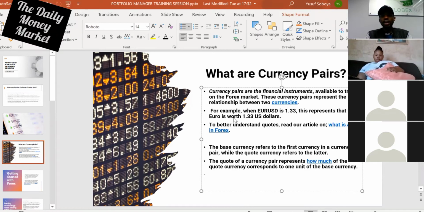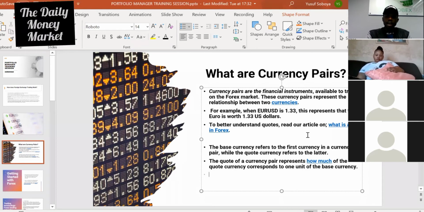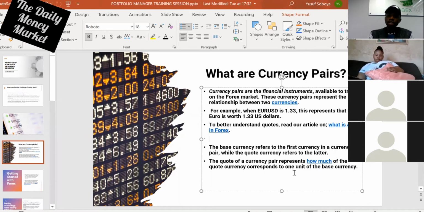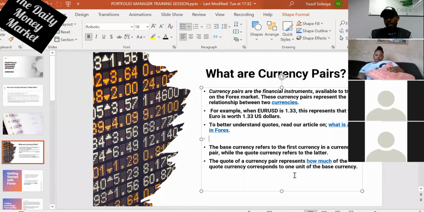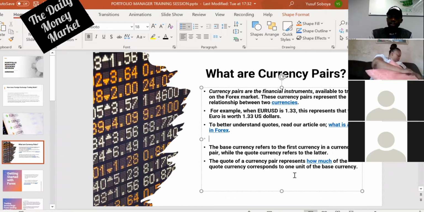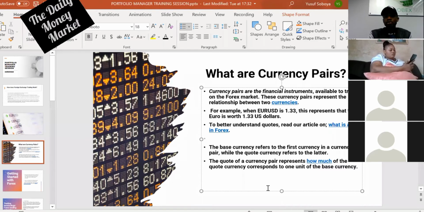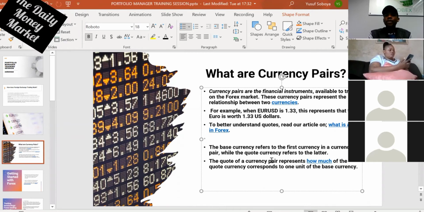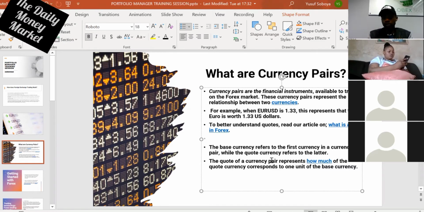All right, so we are getting into what currency pairs are. Remember we said the forex exchange is based on currencies. I've already shown you examples of currency pairs. Currency pairs are the financial instruments available to trade on the forex market.